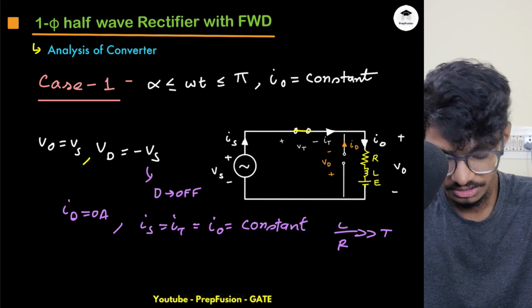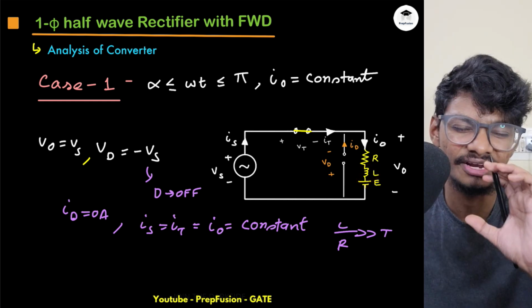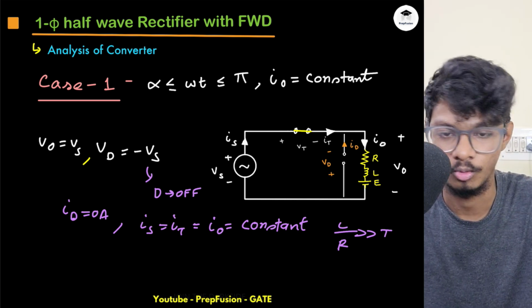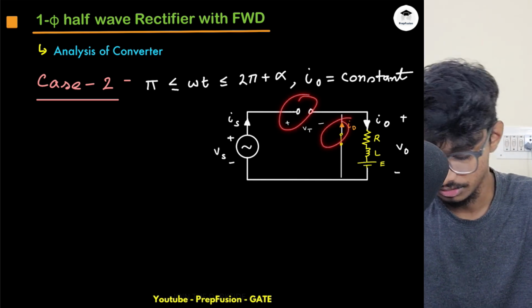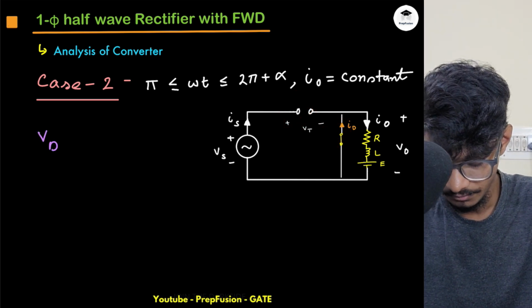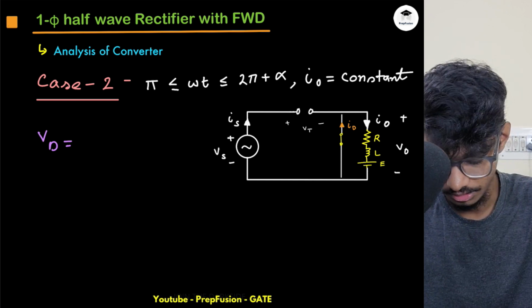This is my assumption. Here the inductor is energizing, but by a very low amount, so IL is increasing by a very low amount. Then at pi plus, this will turn off and the diode will turn on, so my Vd will basically be equal to 0.